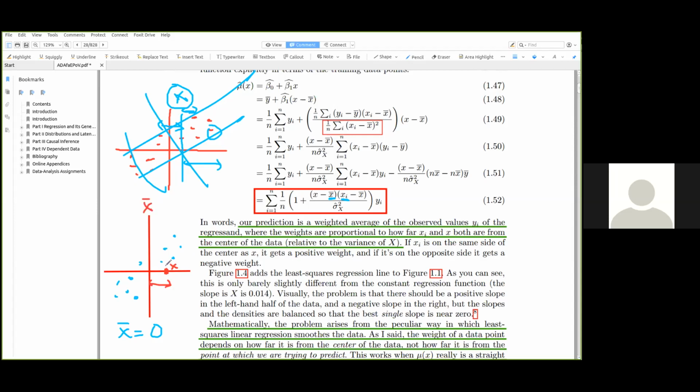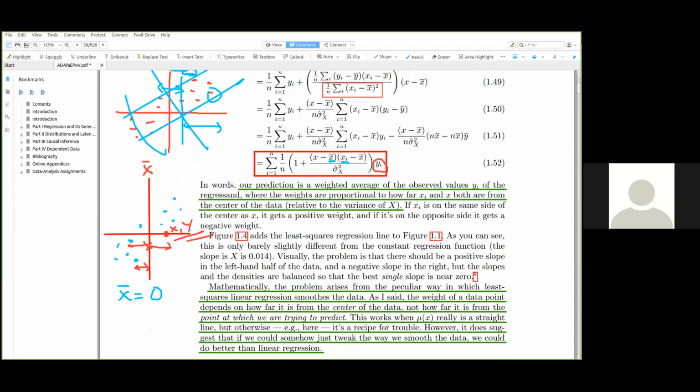I'll also calculate the distance of each data sample, so how far each data sample is from x bar. Accordingly, I'll assign a weight and multiply it with the corresponding values of y, and the weighted sum will give you what the corresponding value of y should be at this point.